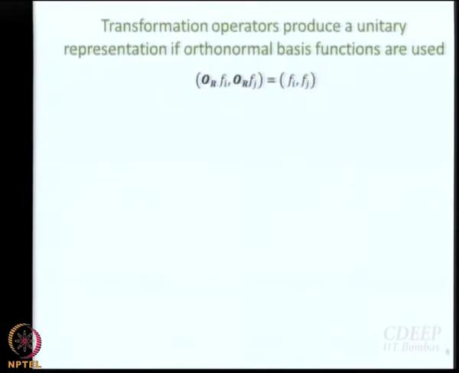Before that, this is something that we need to understand, that transformation operators produce a unitary representation when you use orthonormal basis functions. Have we looked at an example of this already? Does it ring a bell, or are we too confused with these ORs and dashed and double dashed and all that?